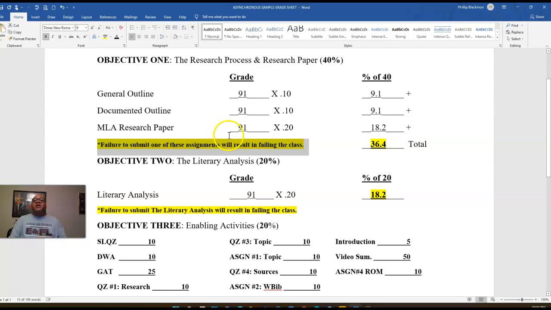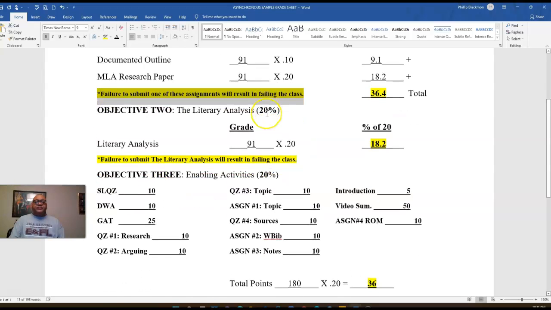It doesn't matter what your average is. I explained that to you in the first video for the semester. You must submit all of your major assignments. If you fail to submit a major assignment, you automatically fail the class, okay? So pay very careful attention to what is highlighted here for you in yellow.